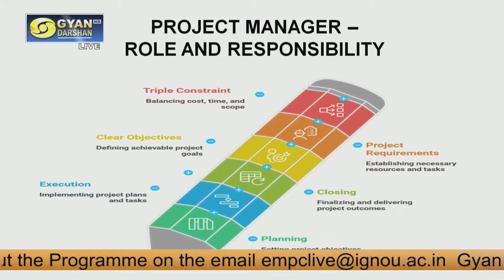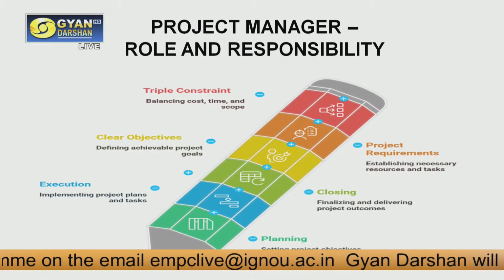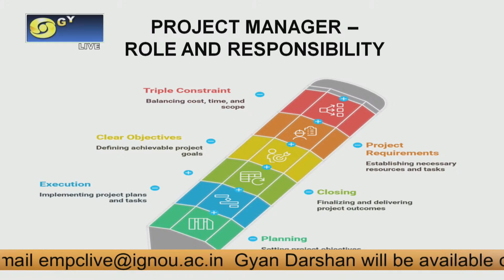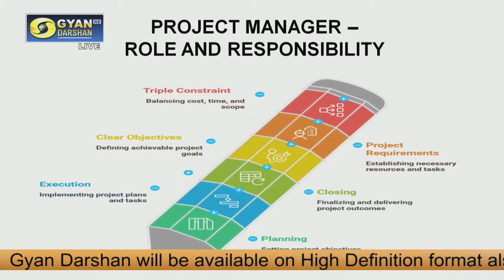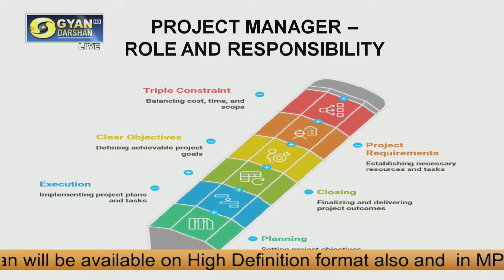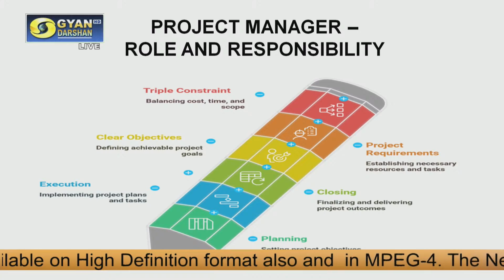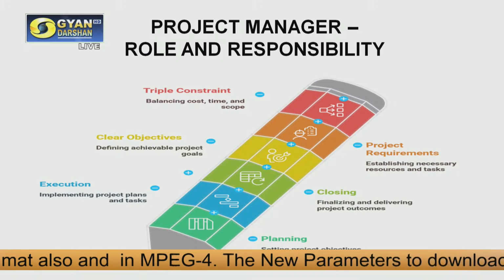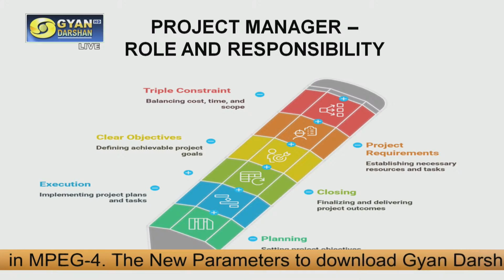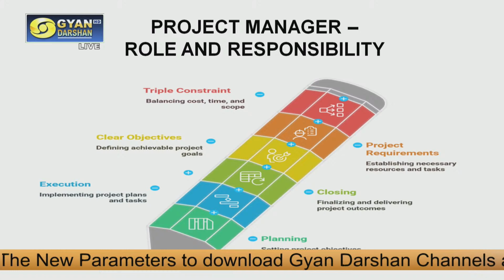So there are different roles and responsibilities of any project manager, which include the understanding of the triple constraint, which implies the balance to be made between the cost, time and scope of the project. The project manager should be very clear about the objectives to be achieved for the execution of the project.